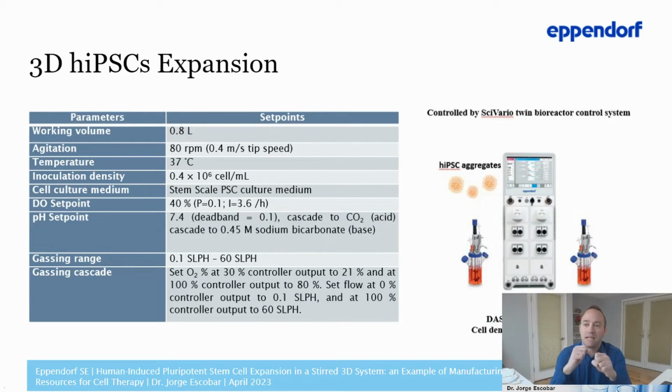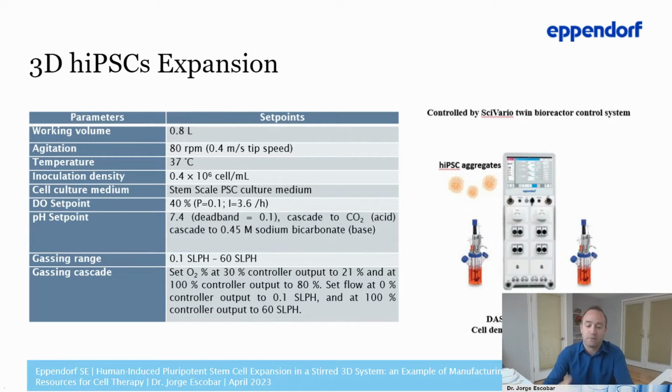Once we sample from the bioreactor, we have the iPSC aggregates and also the cell culture medium. How we did that: we wait between 2 and 5 minutes for the iPSC aggregates to settle down in the bottom of our vial, and we took the supernatant, that means the medium, to measure the metabolites. On the other hand, we use the aggregates to measure the cell viability and cell density.